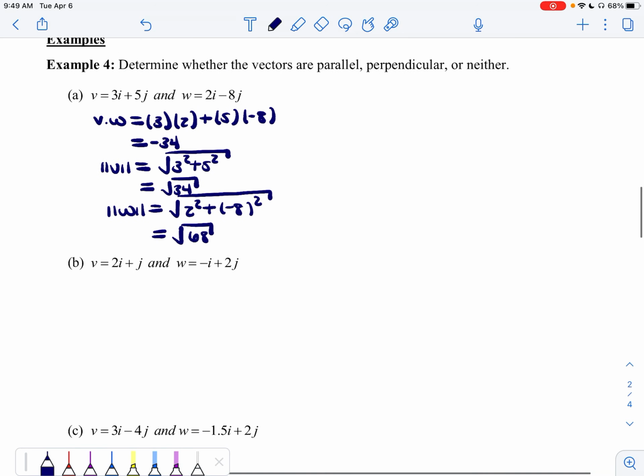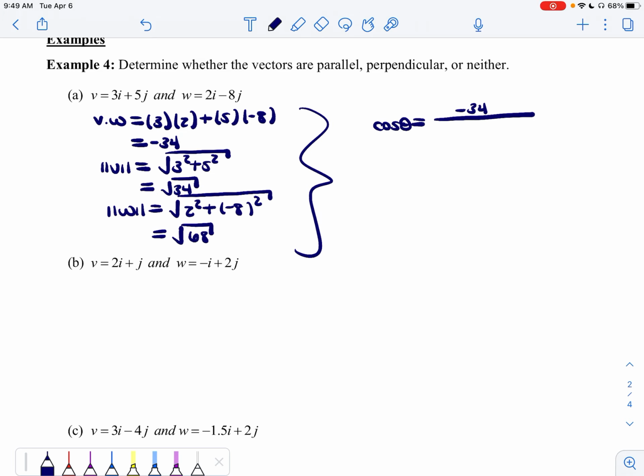Then putting that all together into our formula, we'll have the cosine of theta is equal to negative 34 divided by the square root of 34 times the square root of 68. Again, if you want to simplify this, you certainly can, but you absolutely don't have to if you're just going to plug it into your calculator anyway.